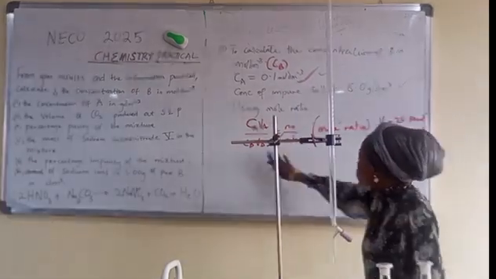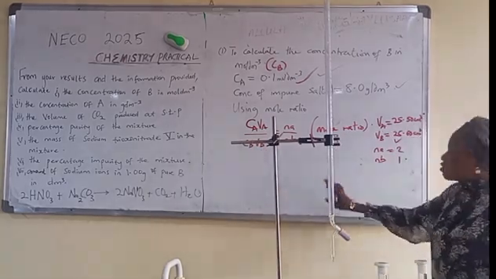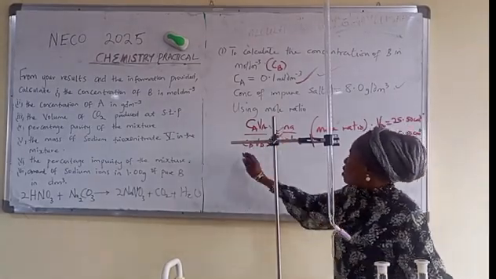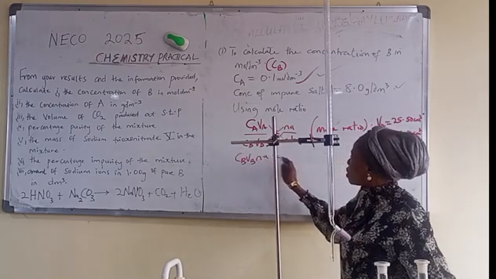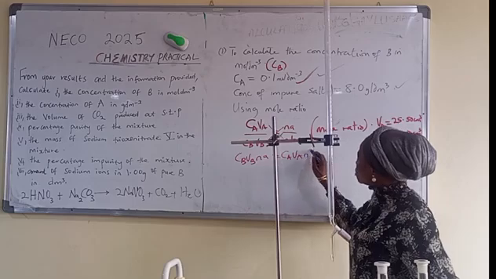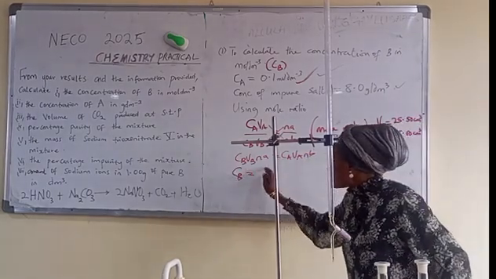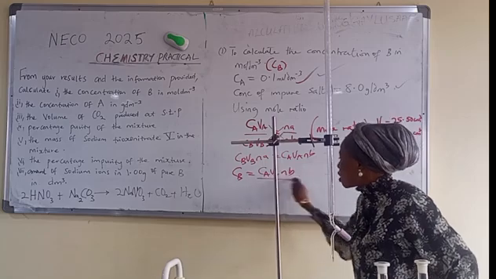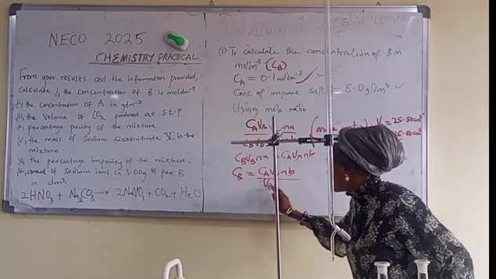Now you make CB the subject of your formula. I believe you are very good at doing that in mathematics. We do cross multiplication. We have CB VB NA equals CA VA NB, giving us that CB equals CA VA NB all over VB NA.